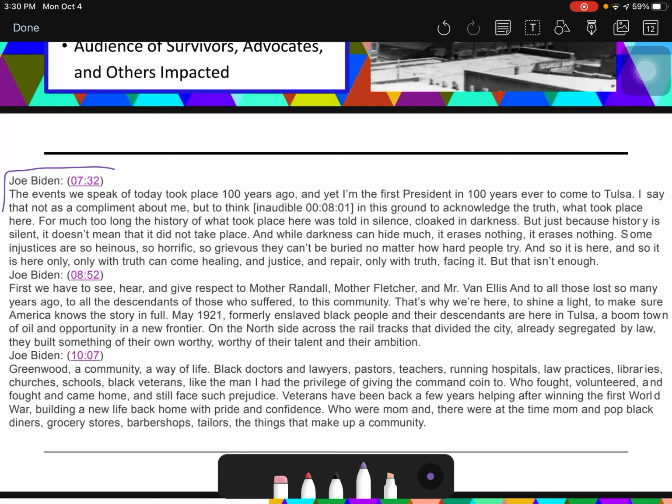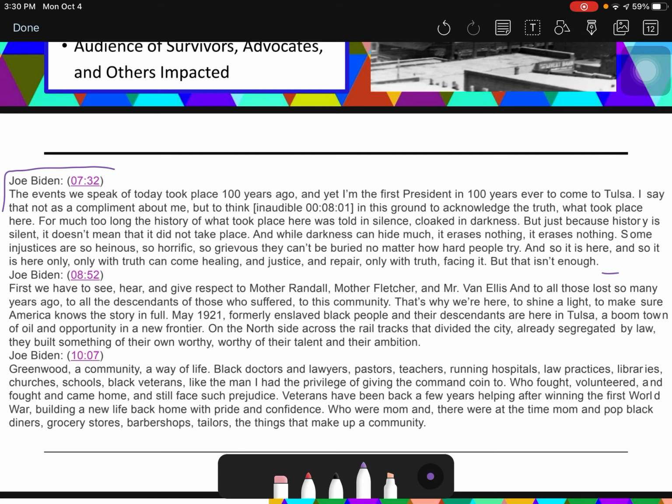But just because history is silent, it doesn't mean that it did not take place. And while darkness can hide much, it erases nothing. Some injustices are so heinous, so horrific, and so grievous, they can't be buried no matter how hard people try. And so it is here. Only with the truth can come healing, justice, and repair. Only with the truth facing it.